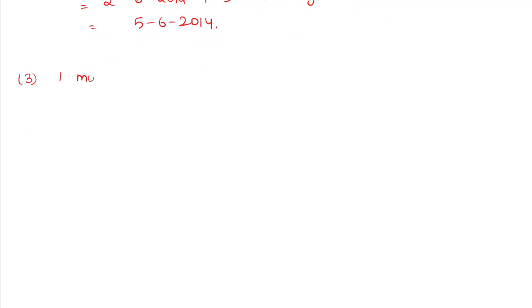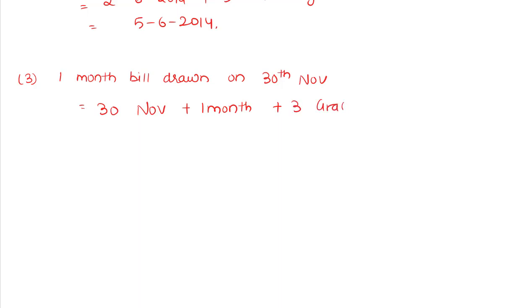Case 3. A 1 month bill drawn on 30th November. 30th November plus 1 month plus 3 grace days, 30th December plus 3 grace days equals 2nd January.